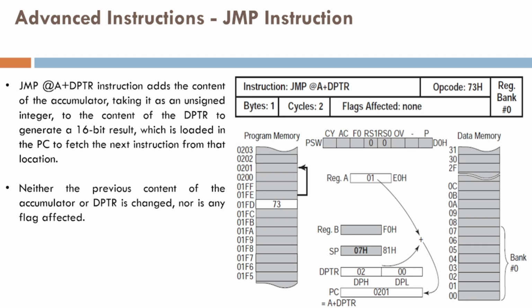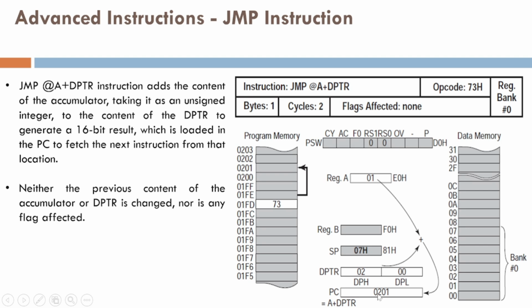Initially, suppose the accumulator was having 01 and the DPTR was having 0200. They both get added up, and it becomes 0201.